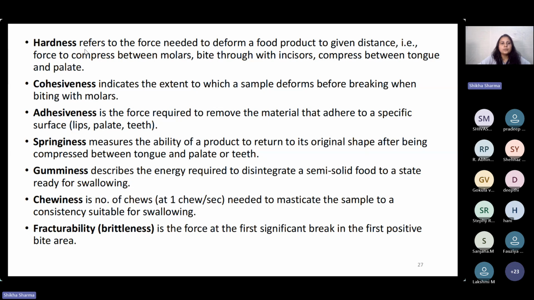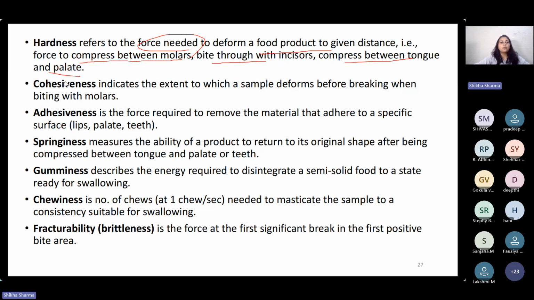Let's understand that hardness is the force needed to deform a product to a given distance, where the force is required to compress between molars, bite through with the incisors, and then compress between the tongue and the palate. So how much force can we put? This is mimicking these kinds of functions in the human body.